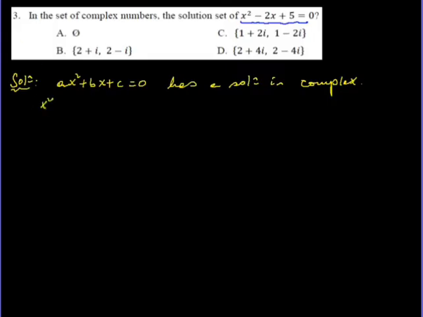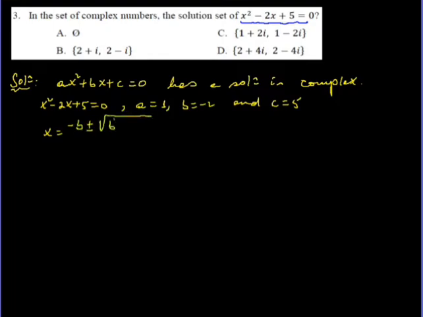So here we use the formula for quadratic. The equation is x squared minus 2x plus 5 equals 0. So the a value is 1, b is minus 2, and c is 5. So we will apply the formula for the solution of quadratic equation: minus b plus or minus square root of b squared minus 4ac over 2a.